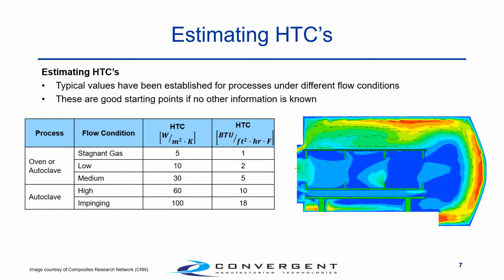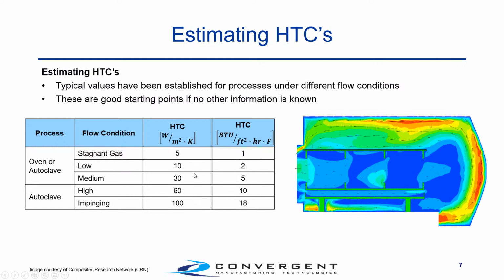This would probably have a very low HTC, all the way up into these very high impinging zones where the part is actually not positioned, where we have very good airflow and very good heat transfer occurring. And that might be up at this value of, say, 100 watts per meter squared Kelvin. And in reality, we're most likely somewhere in between those.